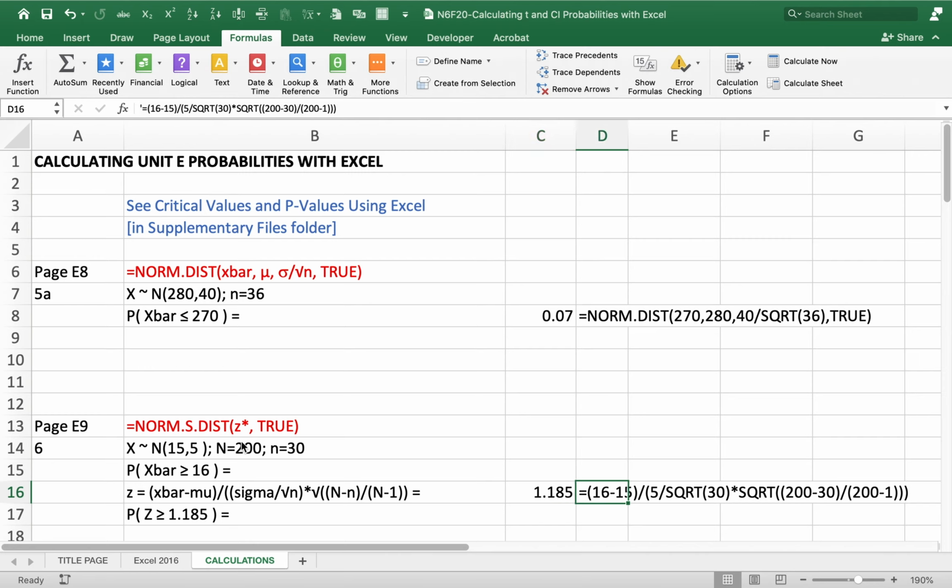So here's how you do that in Excel. The important thing is that we're now using a norm.dist function to calculate the probability. Remember, a dist function is when you're looking for a probability as an answer. This is a normal distribution, and we're using norm.s because it's a z.